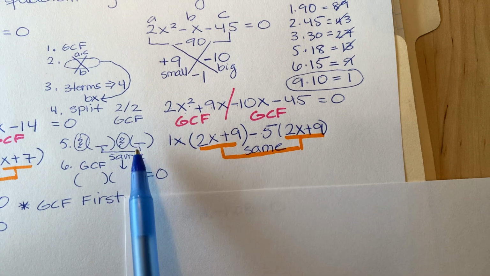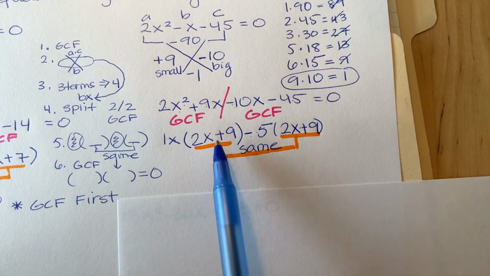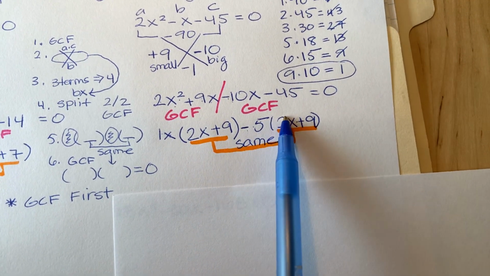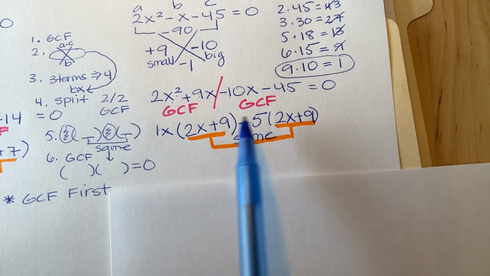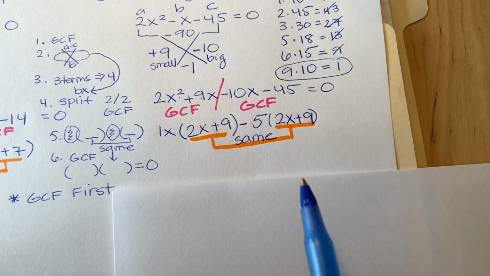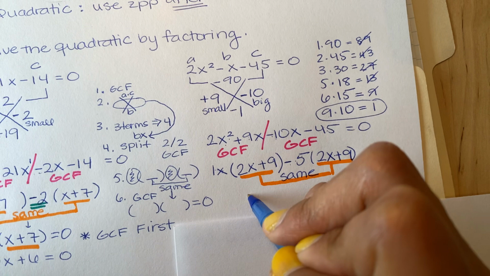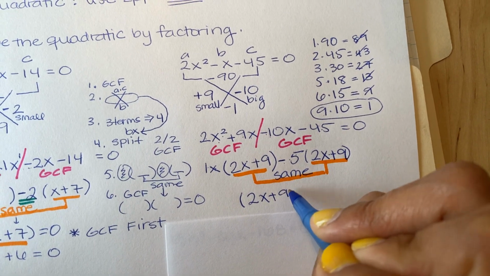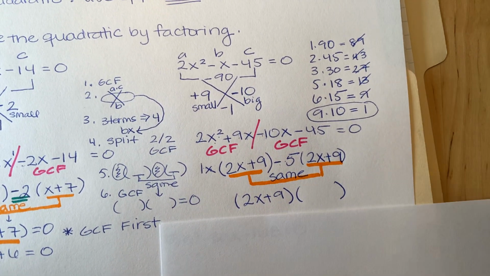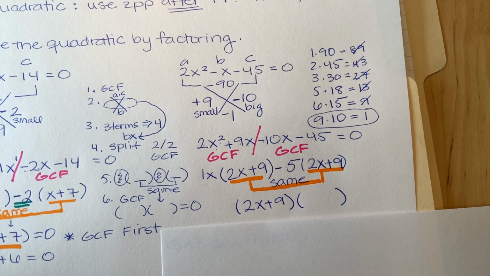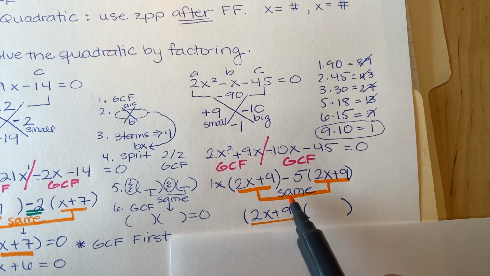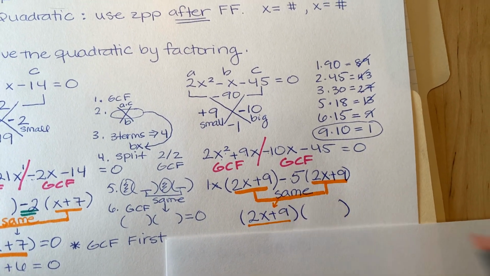Okay, so now you're going to go ahead and GCF this binomial factor that exists in this GCF factor and in this GCF factor. So 2x plus 9. And then your other will be, hold on, let me match this. Okay, so this came from these two, right? That's where you just bring it down.